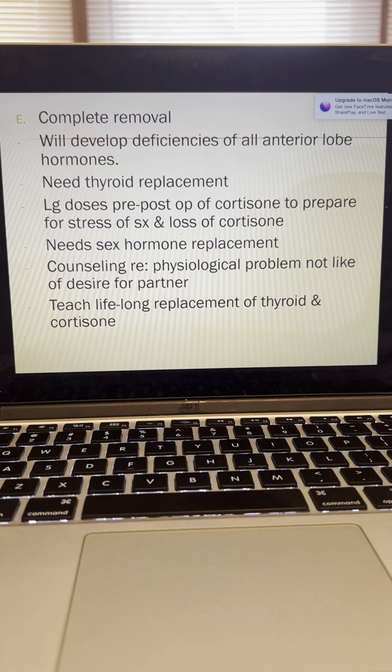When you disrupt the endocrine system, there can be a lot of depression, those kind of things. Remember, it is not their significant other that is causing the problems. It is the hormonal fluctuations. So good teaching with that. And then teach them lifelong replacement. Like we said, some of the sex hormones and stuff, you don't necessarily have to replace, but they will have to have thyroid and cortisone replacement.